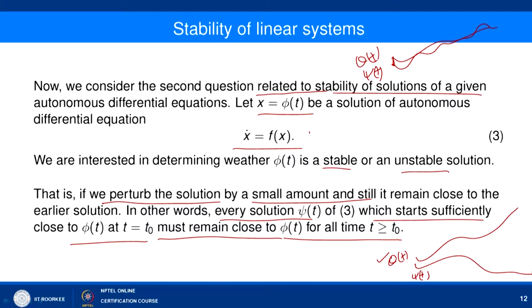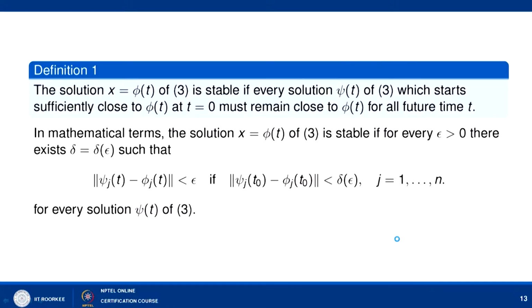Let us write down the definition of a stable or unstable solution in a precise manner, that is, in mathematical language. The definition goes like this: the solution x = phi(t) of the system x' = f(x) is stable if every solution psi(t) of the system which starts sufficiently close to phi(t) at t = 0 must remain close to phi(t) for all future time t.